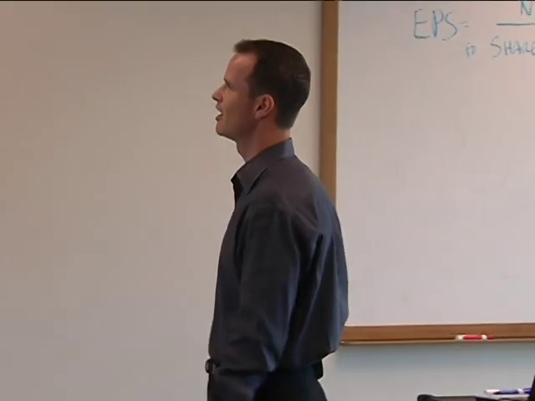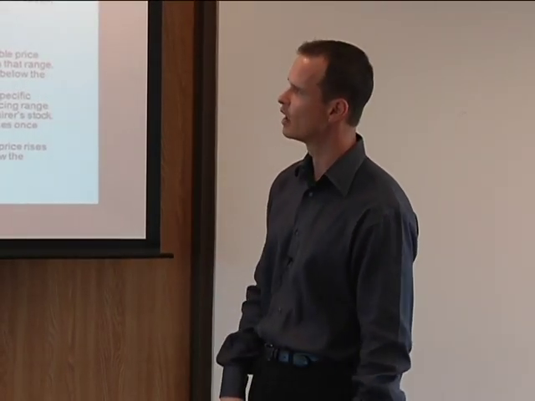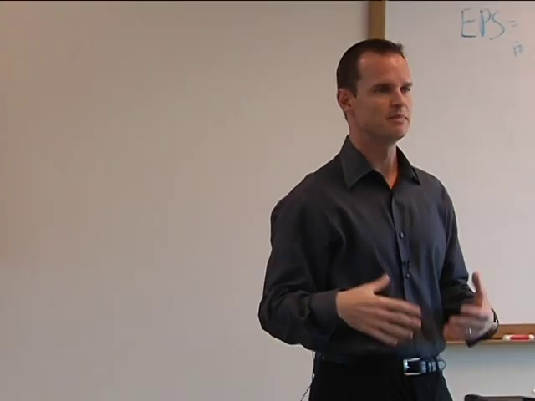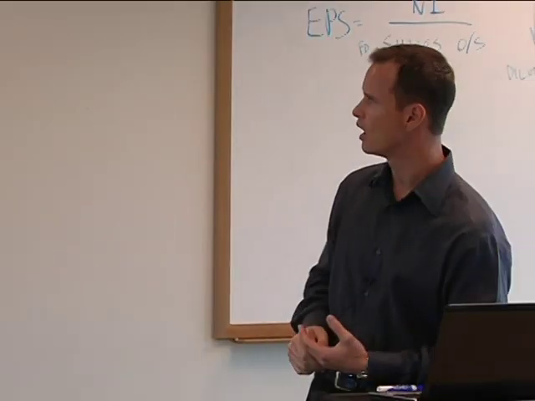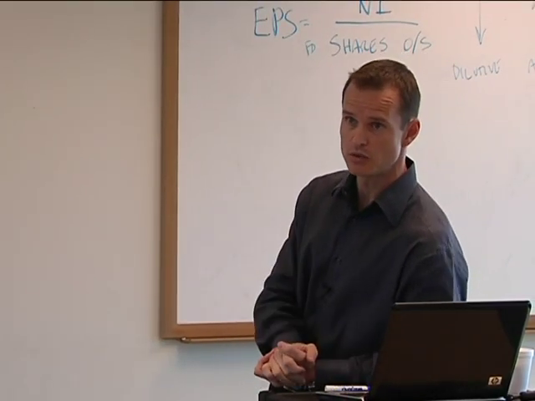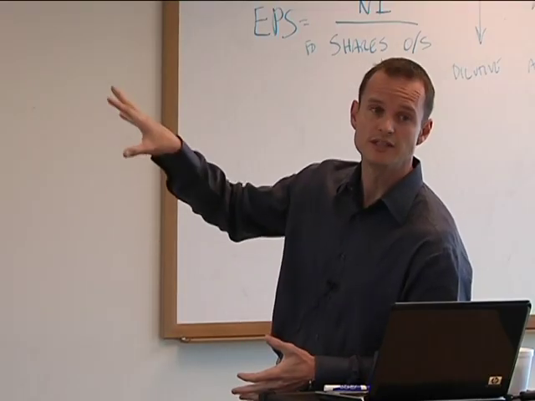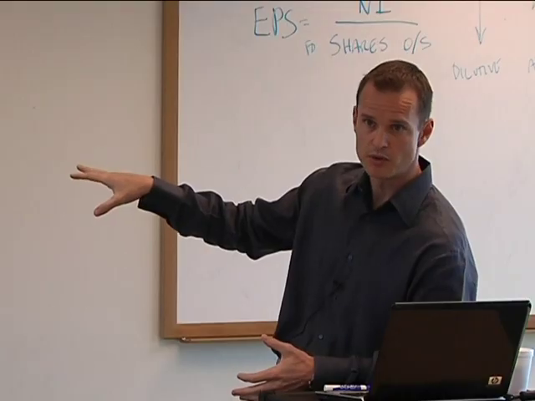Exchange ratios, collars. I'm certainly not going to read all the text on this. Basically, I would say read through this on your own time at some point. This basically says that when a deal is structured, typically there'll be what's called an exchange ratio, if there's going to be stock offered in the transaction. We're going to teach you how to calculate the exchange ratio in a moment.